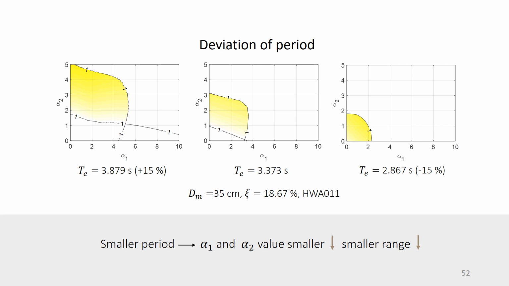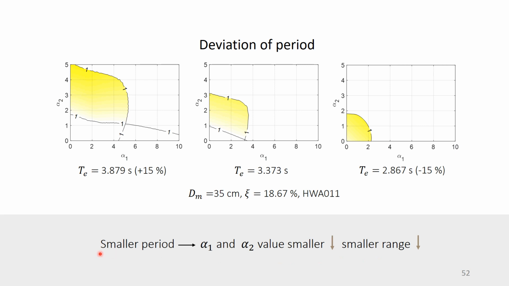The second part will be the deviation of the period. This is the original design range, and we increase the structure's period by 15% and decrease it by 15%. We can see from the results that for a smaller period, the alpha 1 and alpha 2 values are smaller, and it has a smaller range.